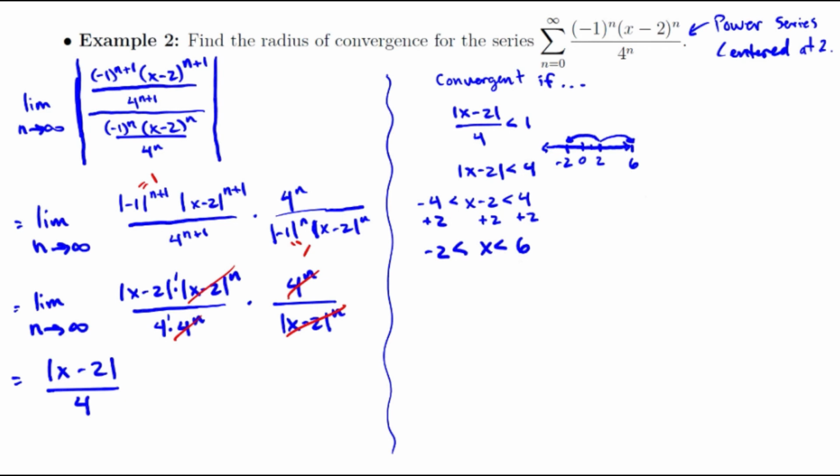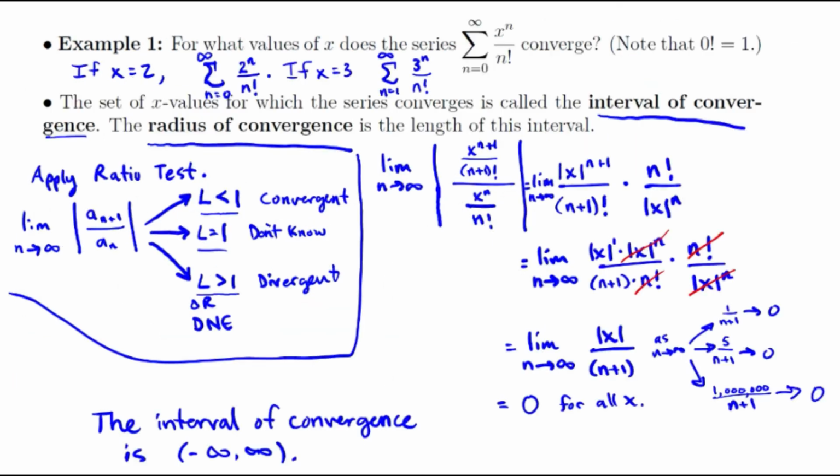So what we know is that it's convergent definitely for x between negative 2 and 6. But you know what we also have to do? We have to address the one part the ratio test doesn't know for sure: what happens when the limit equals 1.